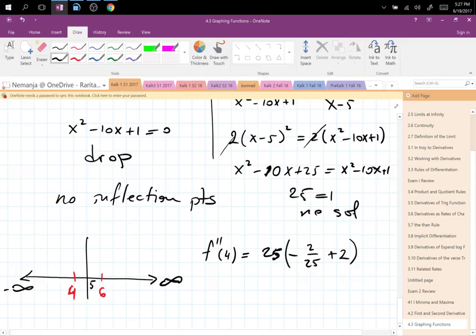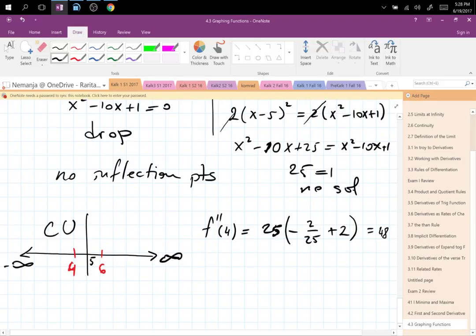We are again looking for either less than 0 or more than 0. So this is going to be 25, so that's 50, 48, 20. Is this just 48? Yep, just 48. So we have a concave up over here.